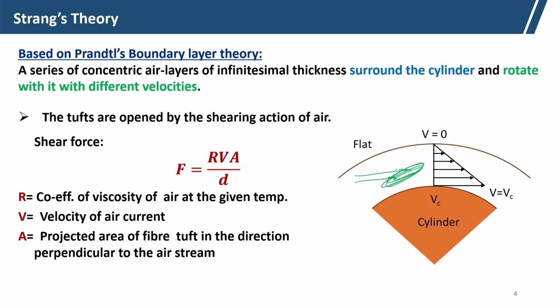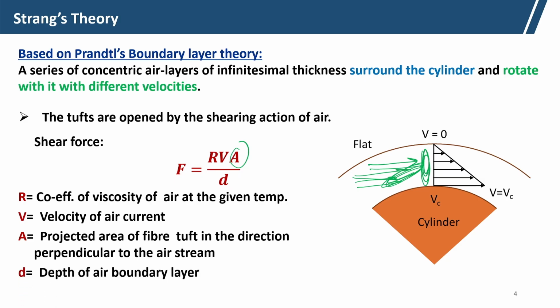Here you will see the projected area will be different, so the shearing force will be different. Higher projected area means higher shearing force. Here the projected area will be much less, so lower projected area will have lower shear force. If the fibers are directly facing the air stream, they will have higher shear force.